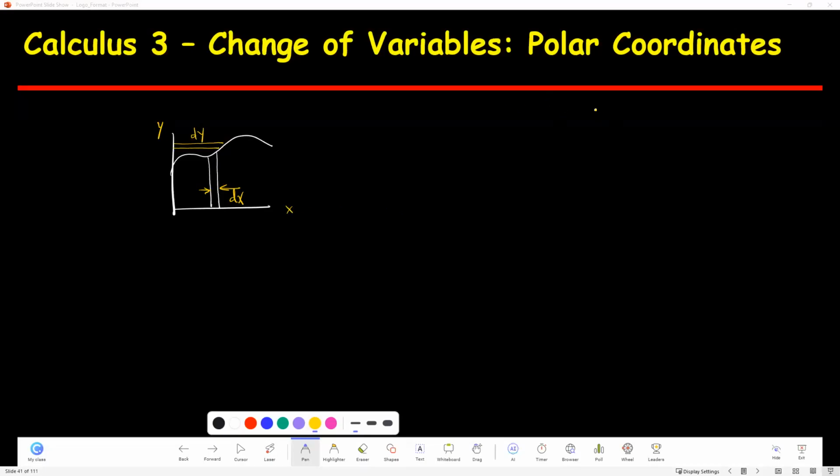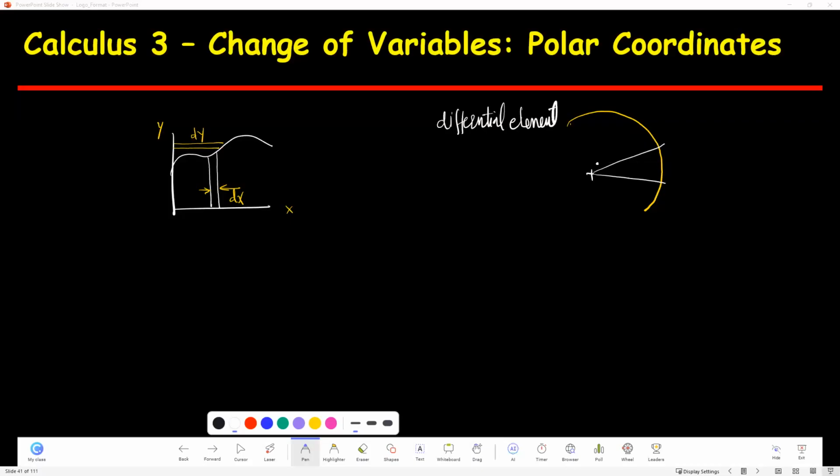Here in polar coordinates, we have maybe a circle or an arc. I want to solve this arc, and my goal is to find the differential element. This is my differential element, and this is my theta. You have two ways to do it.